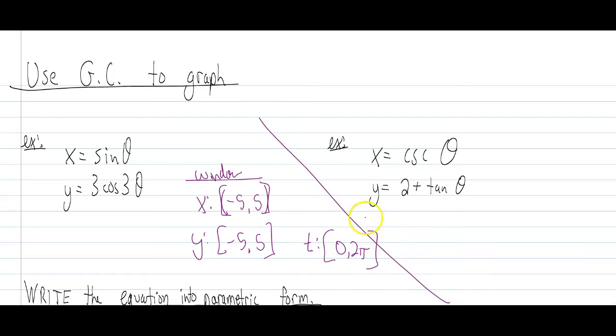And the reason why I'm doing that is because this is trig functions, sine of theta and cosine of theta. They both have a period of 2 pi. So this should give us everything in the graph. Have the t step equal to 0.1, or maybe even something smaller, 0.05 maybe, just so you can see as it's going. If you have that number be too big, it won't be as precise.